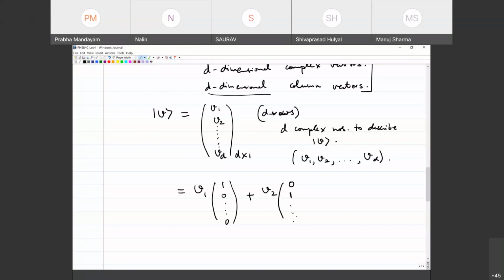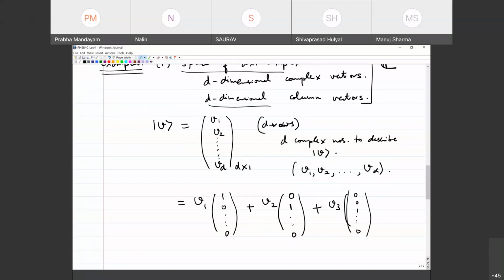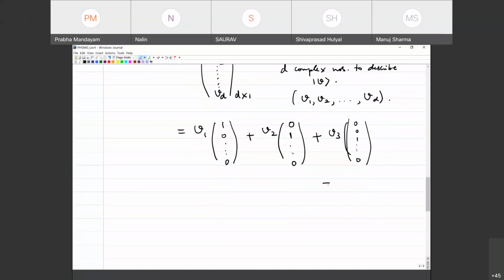V3 times 0, 0, 1, and a whole bunch of zeros after that, all the way up to VD times 0, 0, 0, 1, where all other entries are 0 except the last entry, which is 1, right?